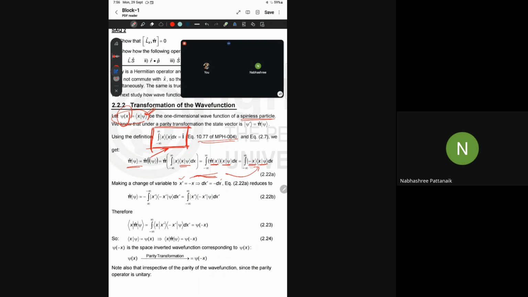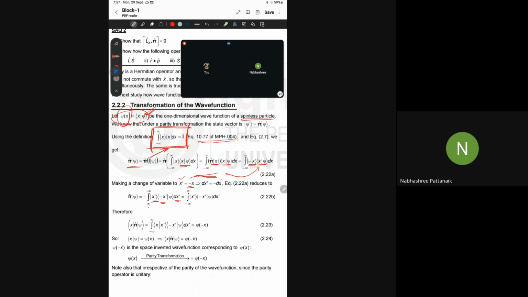Where minus x is, it becomes the state |x prime>, and where x is, it becomes minus x prime. Now minus infinity will become infinity, and infinity will become minus infinity.